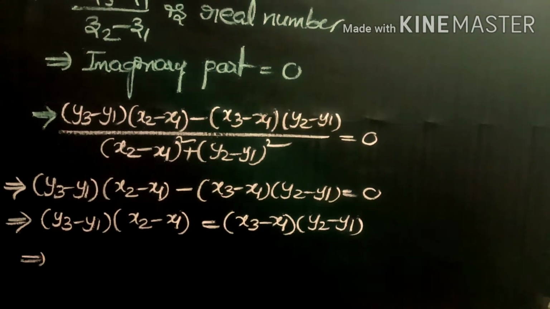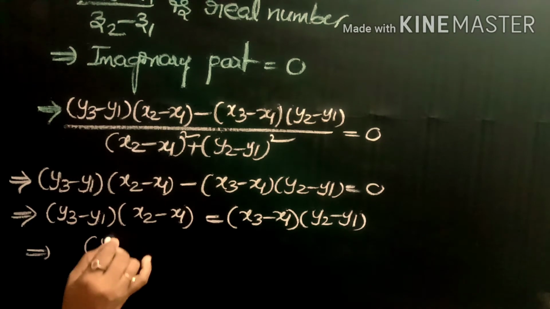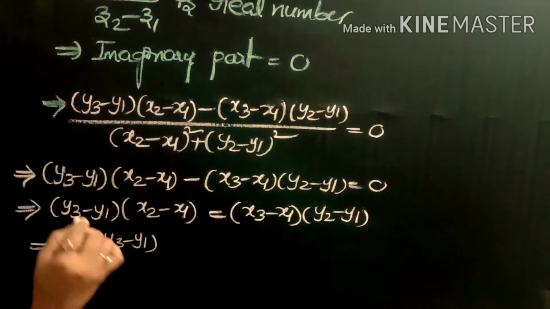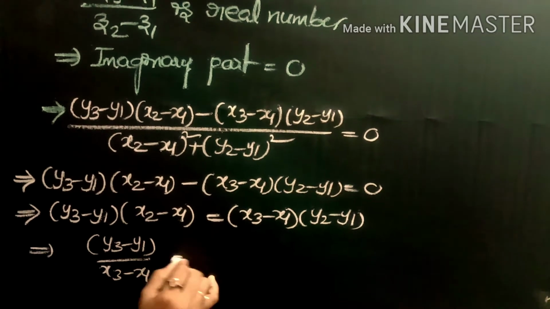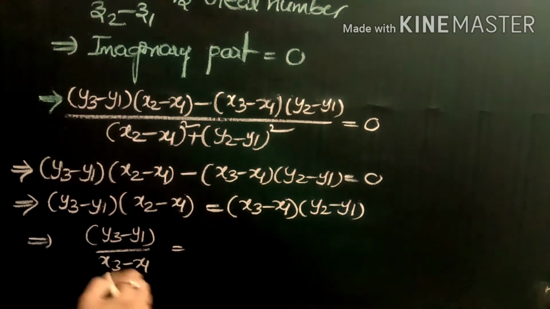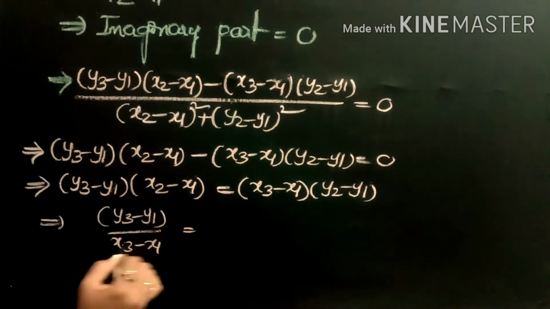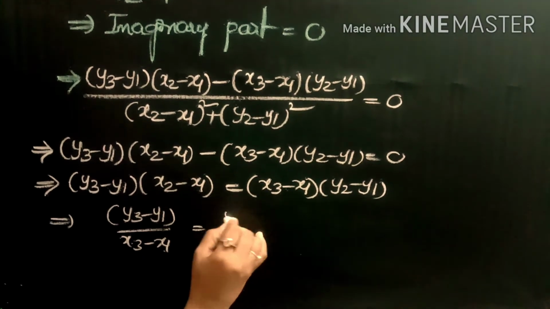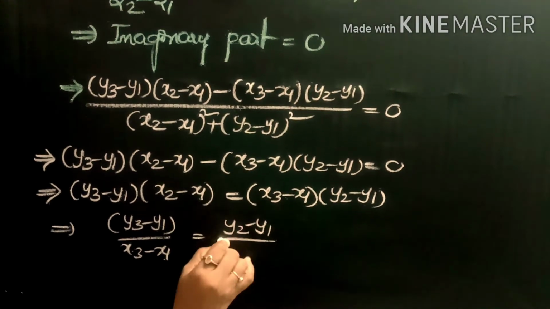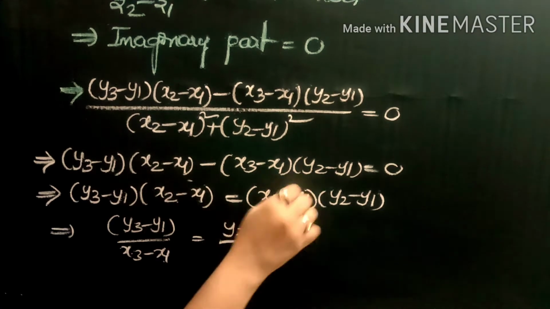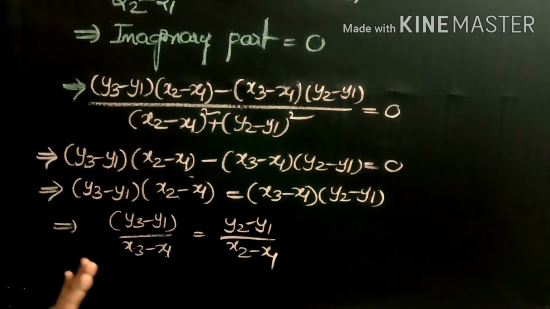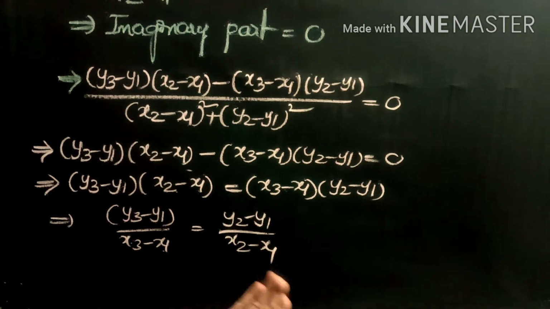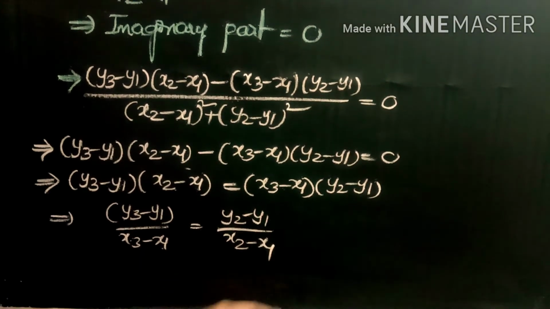In the next step we are changing the terms: (y3 minus y1) whole by (x3 minus x1) is equal to (y2 minus y1) whole by (x2 minus x1). So here, (y3 minus y1) by (x3 minus x1) is equal to (y2 minus y1) by (x2 minus x1).